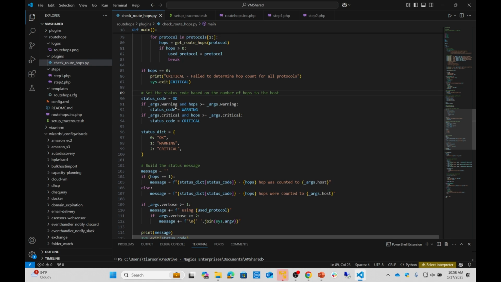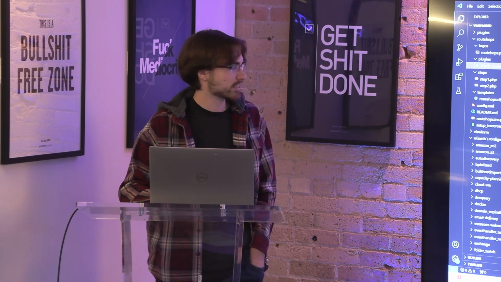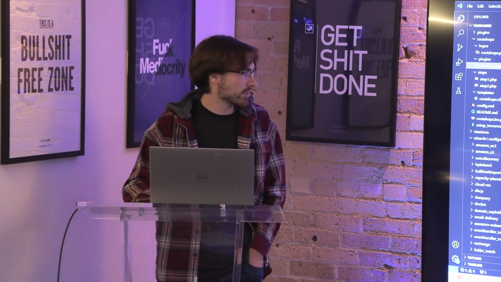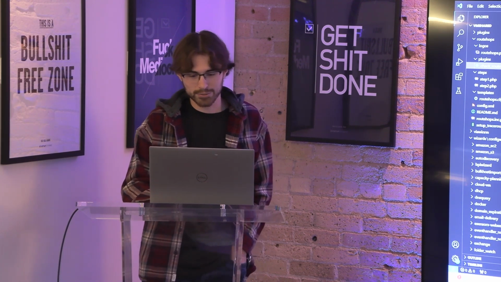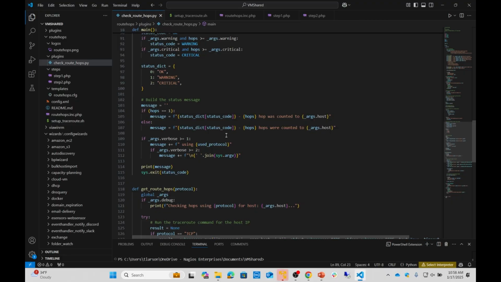So in here we set the status code for the warning and critical status messages, and then a dictionary defining which status code returns which string. So finally we build our status message. If hops is 1, we want a singular, and then if hops is plural or multiple hops, then we'll say hops were counted.